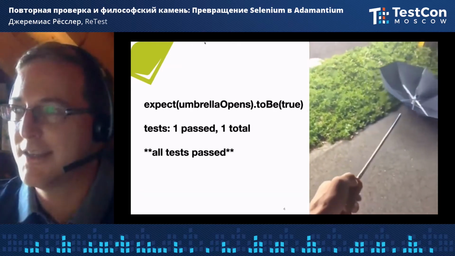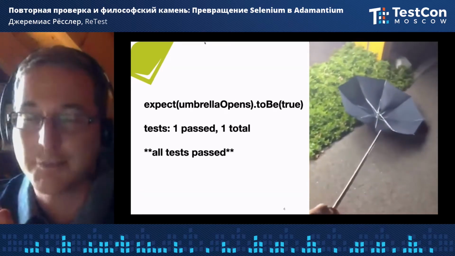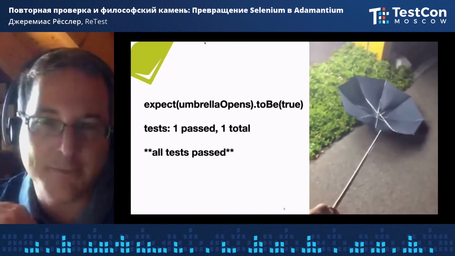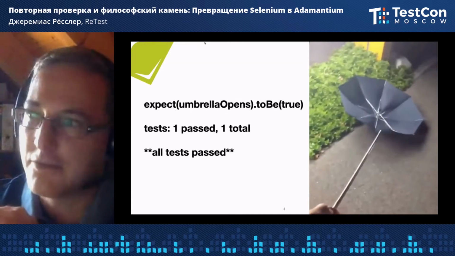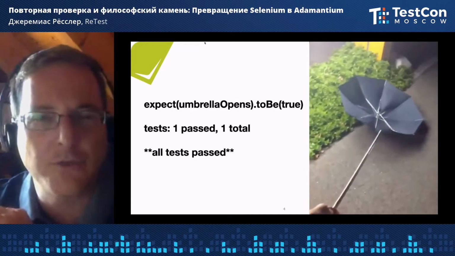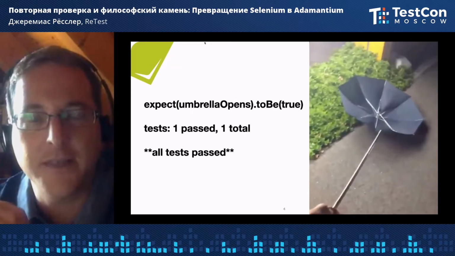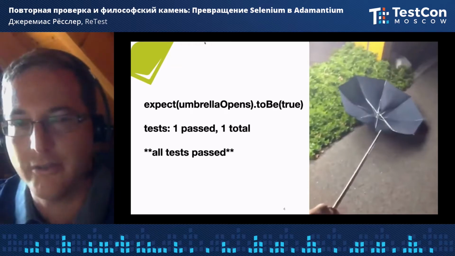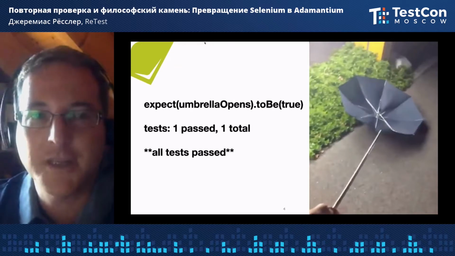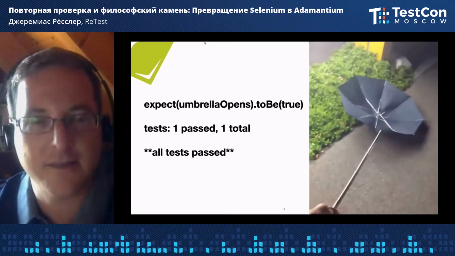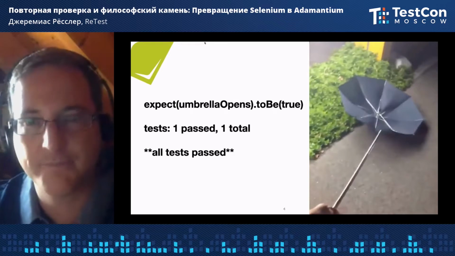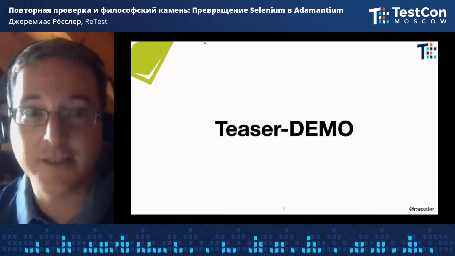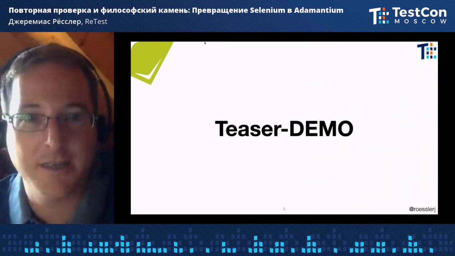As you can see, the umbrella opens, so the test does pass, but something unexpected happens as the head of the umbrella comes off. And it's very hard to write a test for that. Now you could adapt your test accordingly, but it's very hard to write that in advance for something that you didn't expect. And this is unfortunately the state of the art currently in test automation.